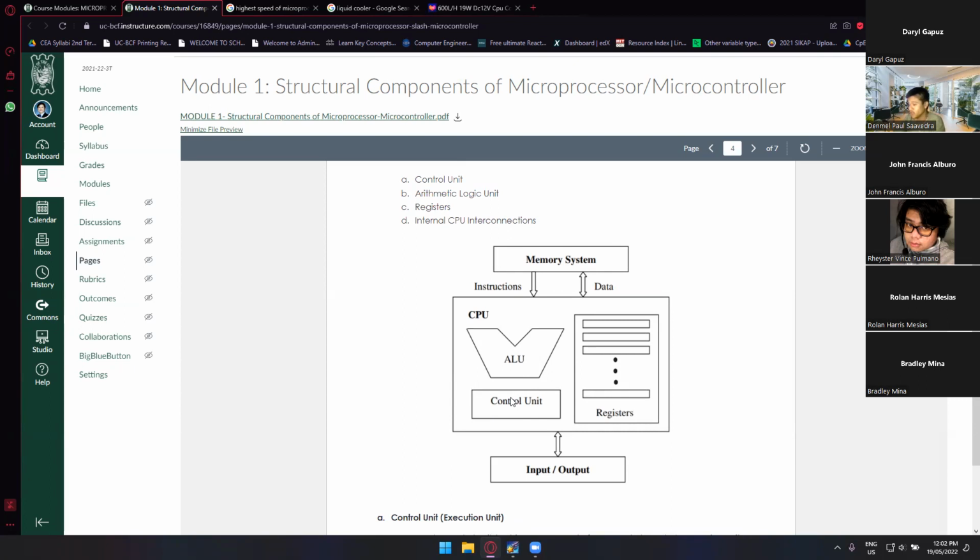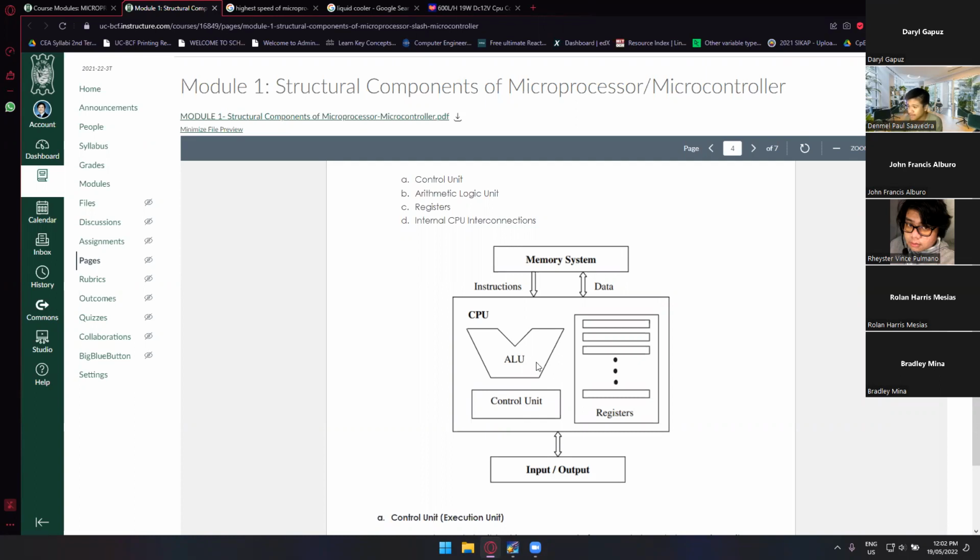The control unit is converting, let's say if I press J or K or number one, instead of receiving a number or a letter, into a readable format, let's say binary or hexadecimal, with those types of number systems.